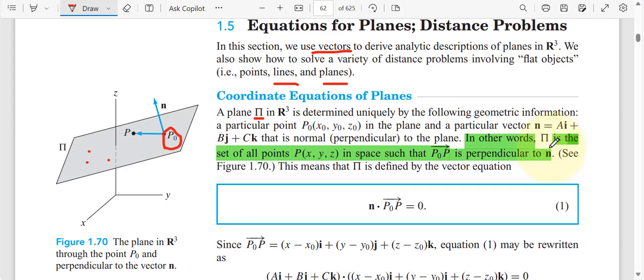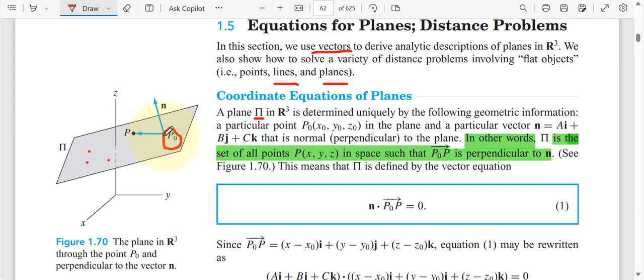So they say, in other words, pi is the set of points, and here we give them kind of arbitrary coordinates, x, y, and z, in space. Now here's the interesting statement, such that a vector from p0 to that point P. So for any point in the plane, if we start here and draw a vector to that point, what can we say has to be true?